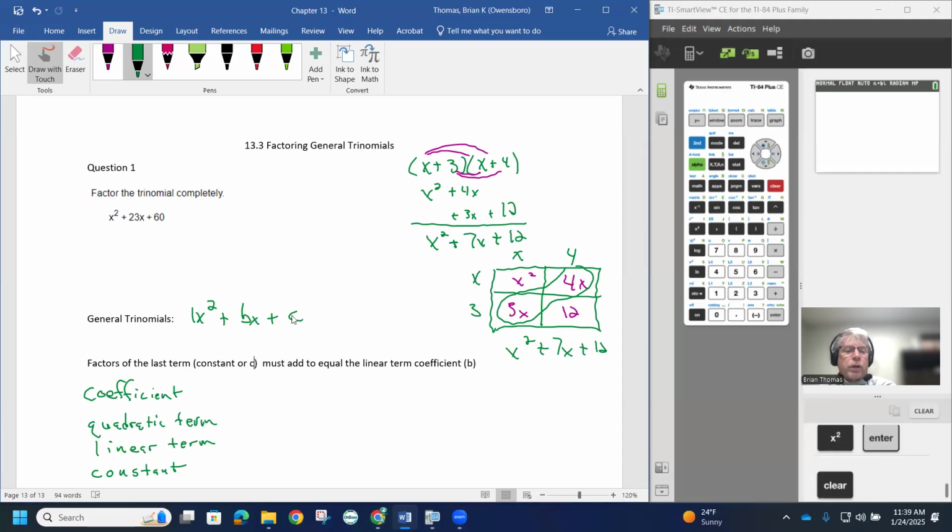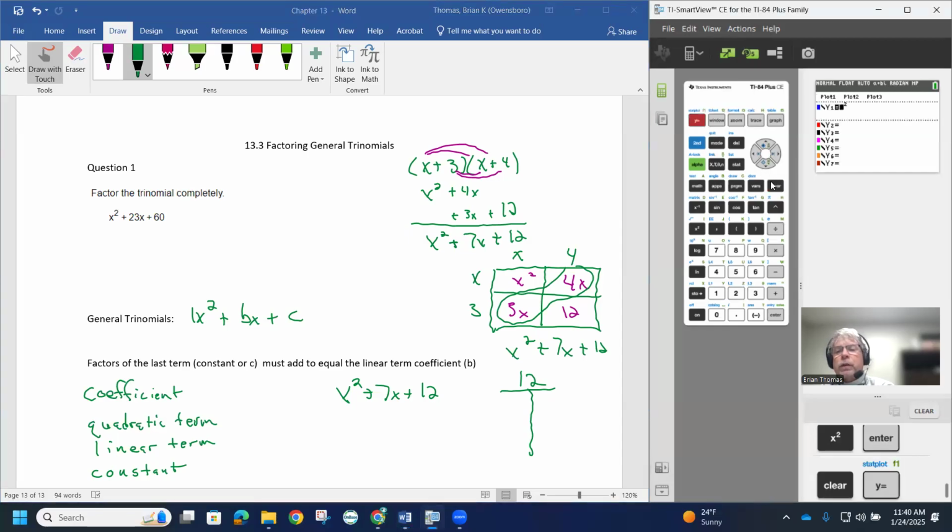So if I look at the expression x squared plus 7x plus 12, I look at the factors of 12, the factors of the constant. I can make the factors of the constant using the calculator. So to create a factor table, I can go y equals, clear this x squared out and just put 12 divided by x. So the 12 is going to be divided by x.